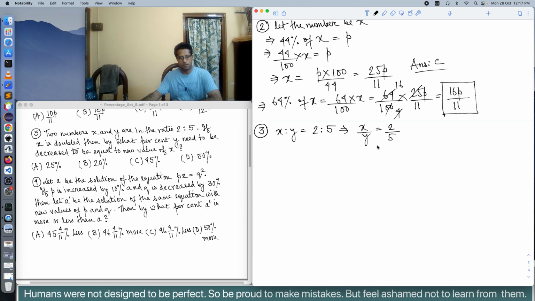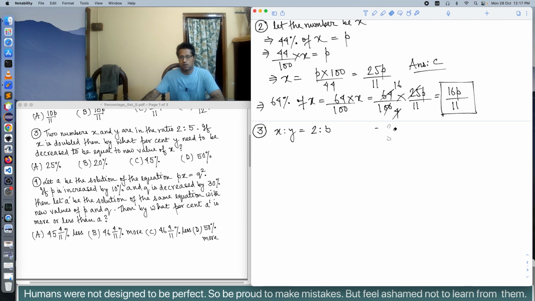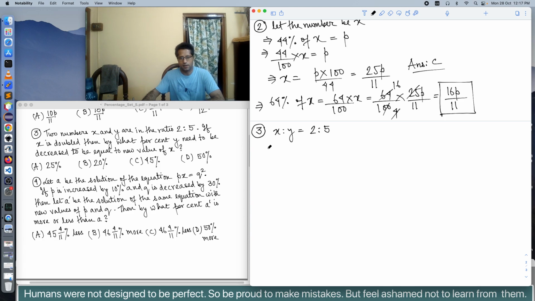If X is doubled, so we get the new value of X. When the ratio of numbers is given, it is a standard and good way to use the parts of the ratio to assume the values of X and Y. Since X and Y are already given in the problem, we should use some other letter.